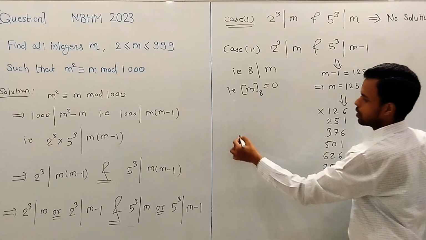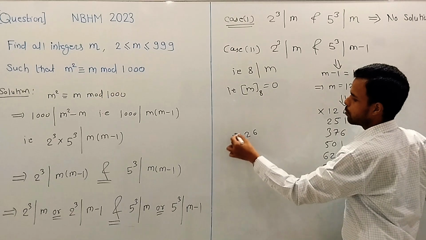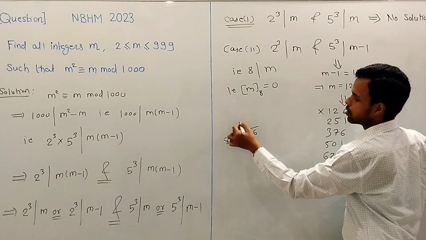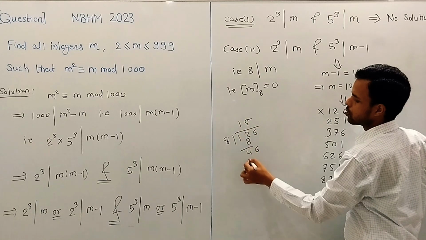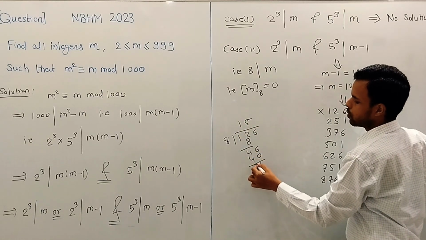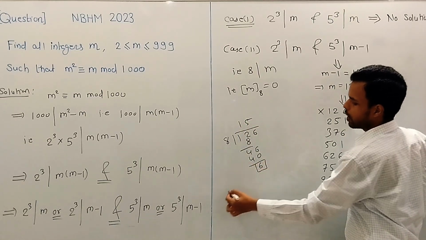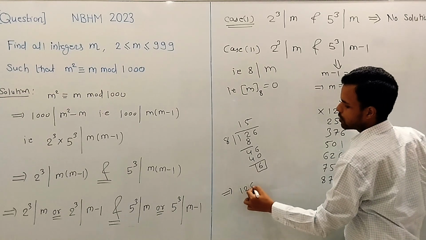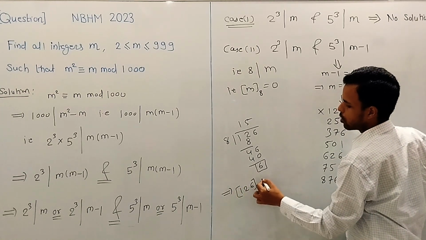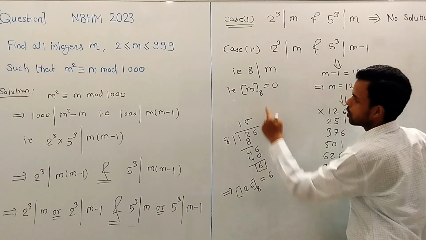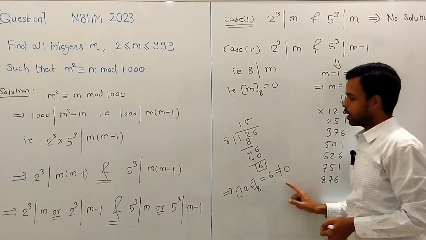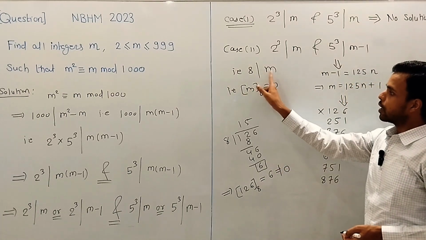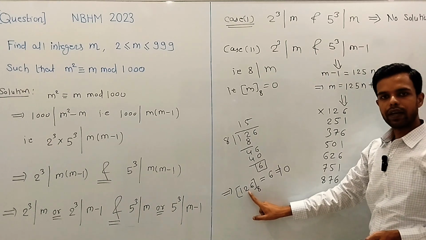To see this, just divide 126 by 8. So we get remainder 6. So this implies 126 modulo 8 is equal to 6, not equal to 0. That implies 8 does not divide 126.